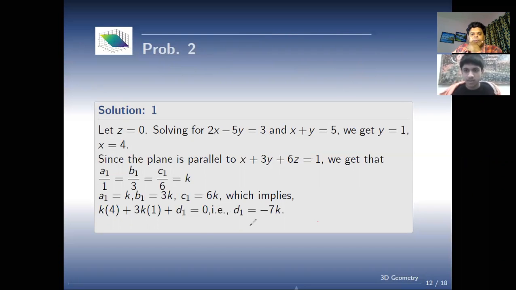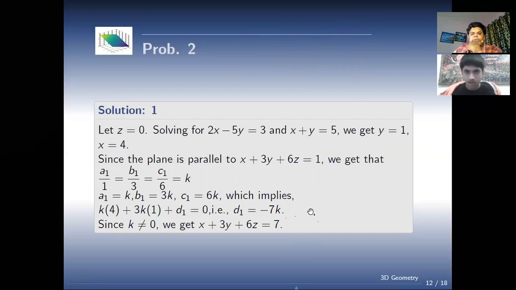So what do I get if I put all of this together? k is not equal to 0, so I can pull k out. I know that a1 is k, b1 is 3k, c1 is 6k, and d1 is minus 7k.